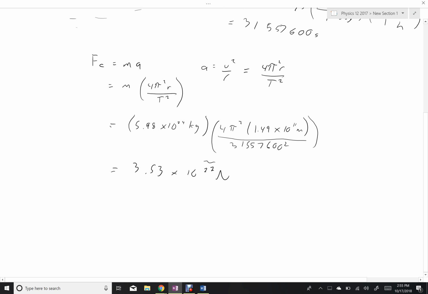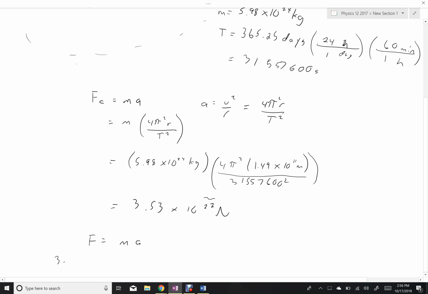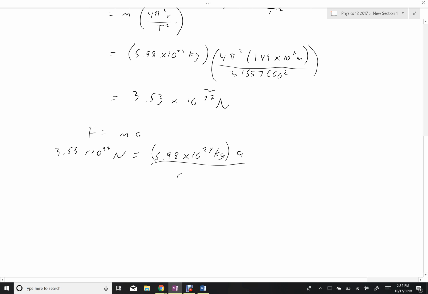I'm kind of curious, if I were to use F equals ma to figure out what that actual acceleration was. So 3.53 times 10 to the 22 newtons, 5.98 times 10 to the 24 kilograms, and acceleration. I remember doing this the first time and being a little bit surprised that the acceleration works out to be as small as it does.